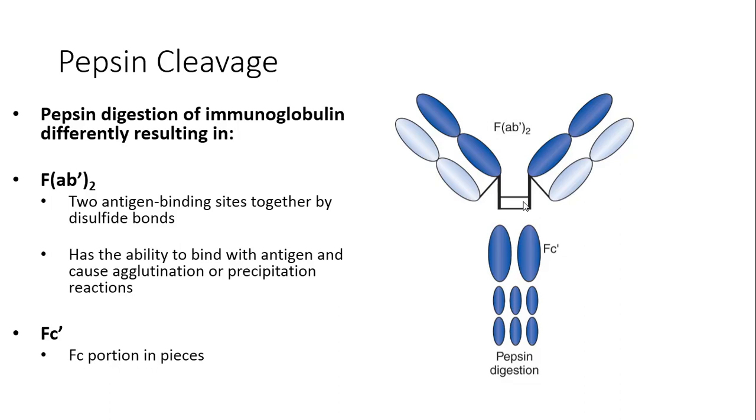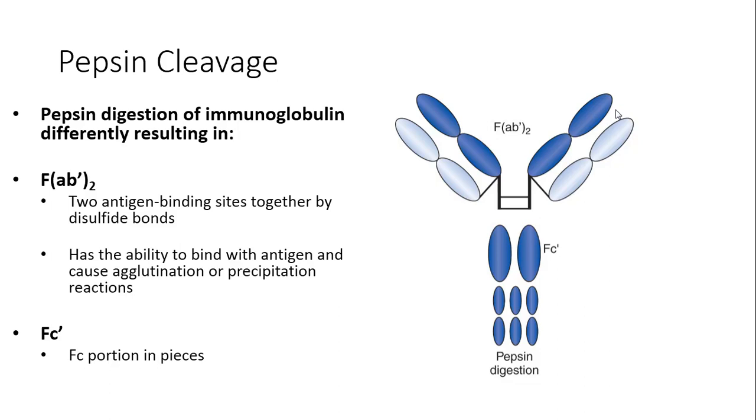This is important and actually quite helpful to us in the laboratory when we're using different tests, because we've maintained a very large structure with a couple of areas for antigen binding. So we'll see that this model is able to be used in some of the lab testing that we discuss.